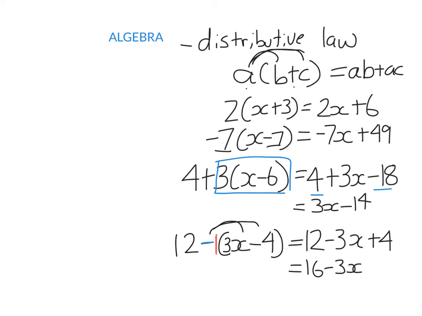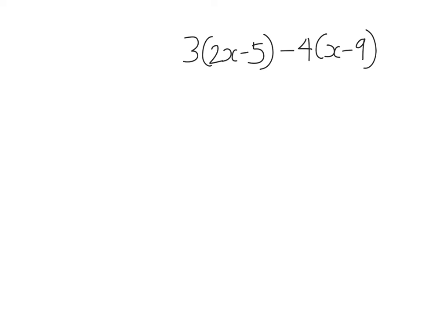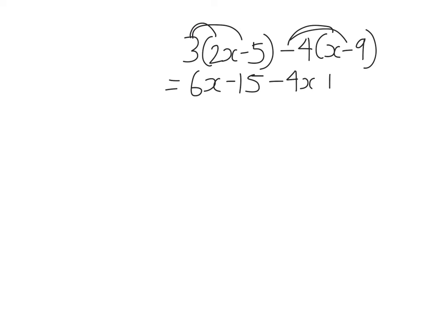All right, now we're going to look at examples where you have to expand 2 brackets at once and then collect like terms. Please pause and copy these down if you need. So let's say we had something like this. You do the first bracket and the second bracket separately, then you need to collect like terms. So 3 times 2x, 3 times positive 5, minus 4 times x, minus 4 times minus 9, and of course negative times negative is a positive.